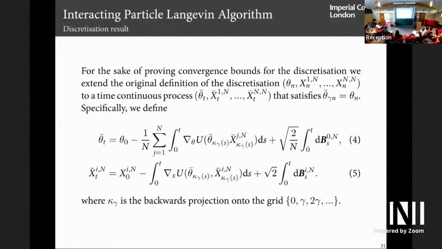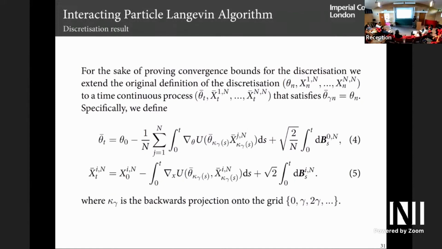What we did, at least in this setting, is that you identify a continuous time system that is going to agree with the discrete time system on discrete times. So for any n, this system is defined so that the distribution of theta gamma bar n is going to be the same as theta n.